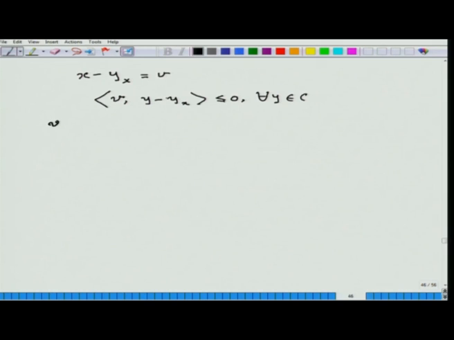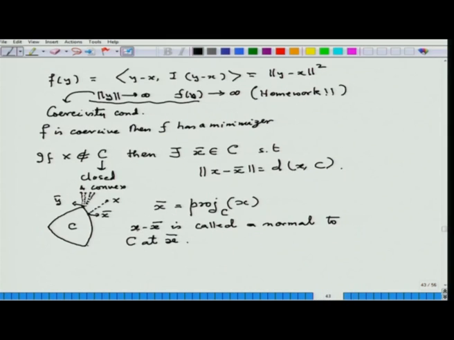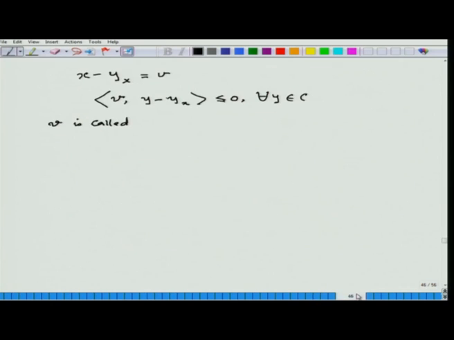Now, this v is called, as we have already seen earlier, the normal to C at x bar. So, v is called the normal to C at y x, sorry, not x bar, y x.